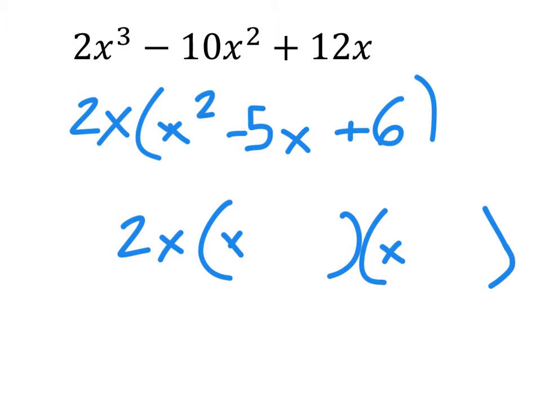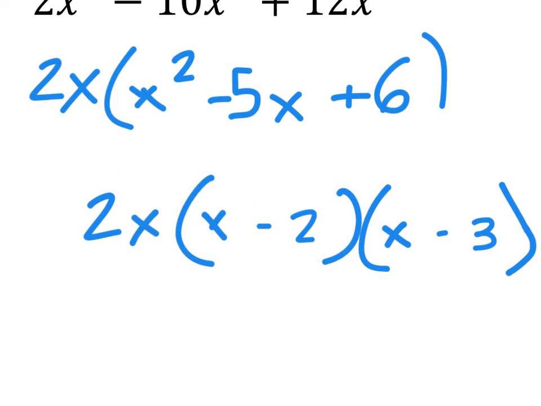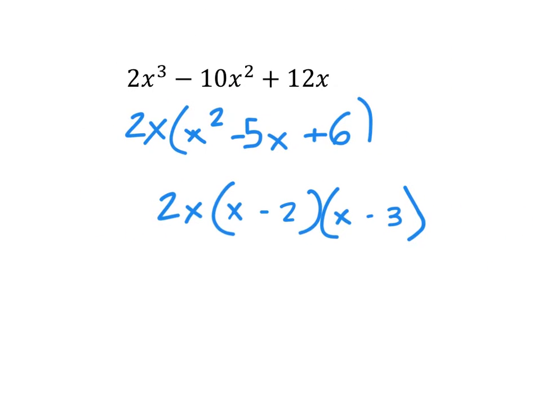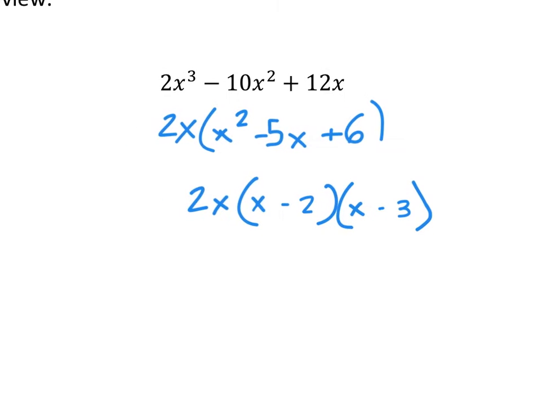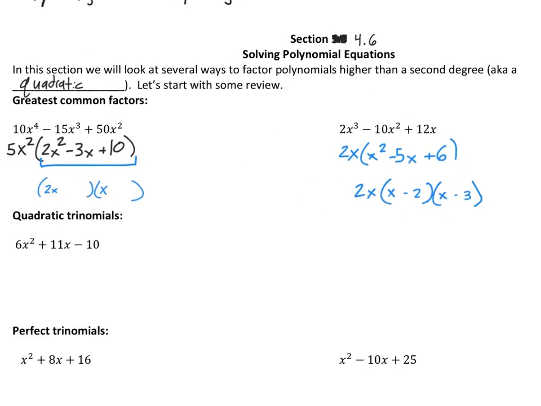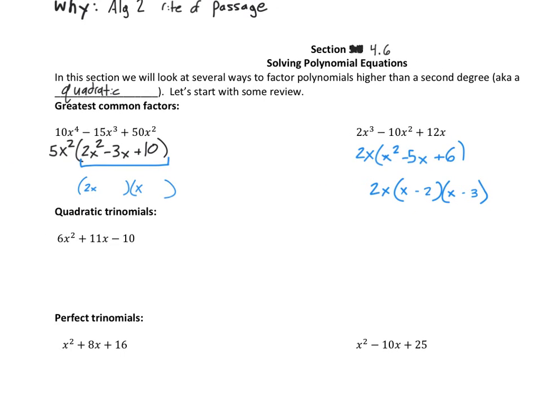Then I need numbers that multiply to negative 6 and add to negative 5, and that would be negative 2 and negative 3. So this is now fully factored. And later on in this section we'll talk about solving, which this one was just an expression because there's no equal sign. But we would use the zero product property to set up those different pieces equal to 0 to find our x-intercepts. So that's a review of factoring with greatest common factors.